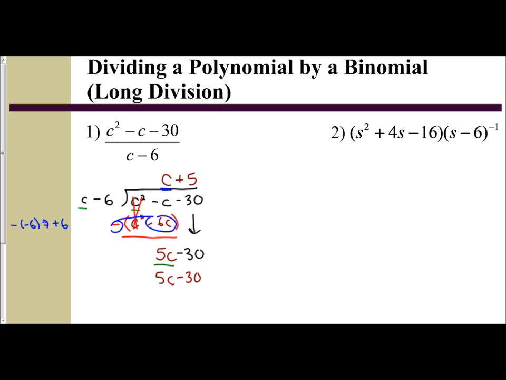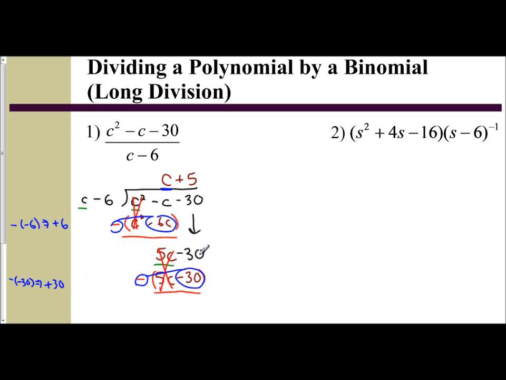And again, you subtract the entire expression. And so the first term should always cancel. That's the whole point, to eliminate the largest term. The second term is where a lot of the mathematical errors occur. You are subtracting a negative 30. And so since you're subtracting a negative 30, you're really adding 30.